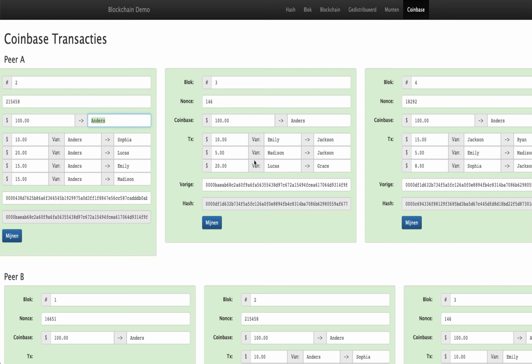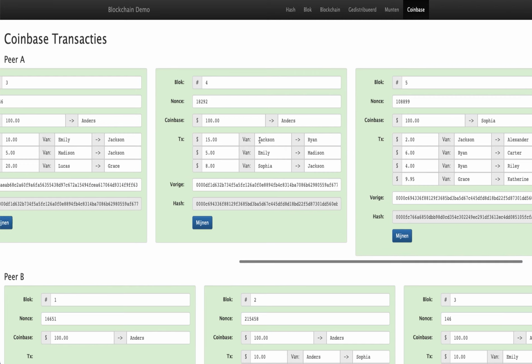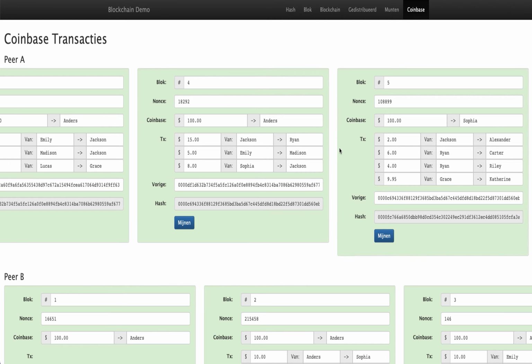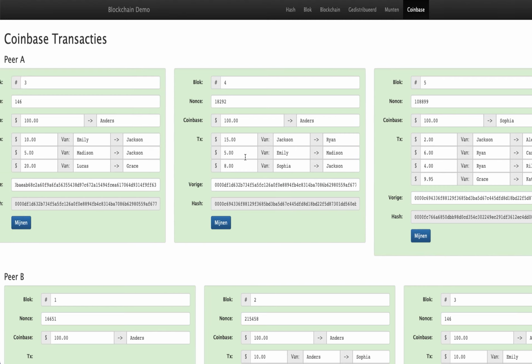In the other blocks, the money is spent again. Anders got another $100 like in every block, so Anders is the miner of every block, we could say. And the other peers are transacting the money to each other. When we look at the last block, Jackson gives $2 to Alexander. Now we can look back in the chain to check if Jackson really got the money. Here Jackson gives to Ryan, Sophia gives to Jackson, but Jackson is still at -7.